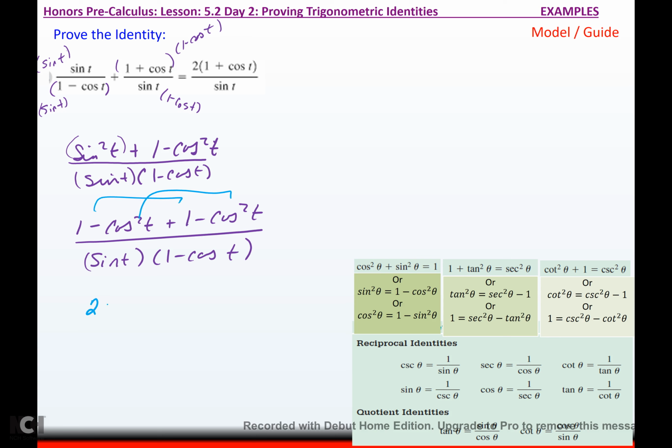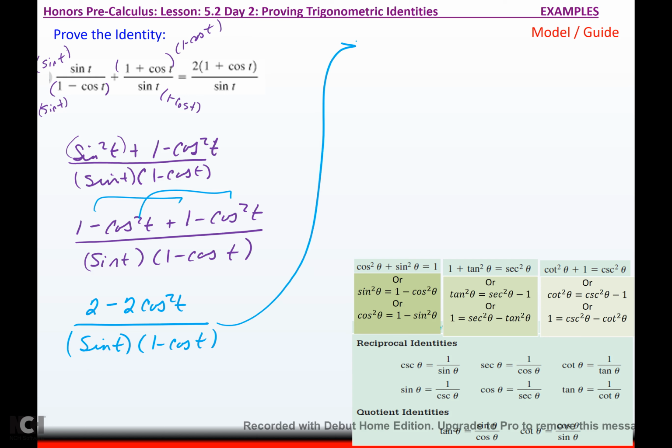So I have 2 minus 2 cosine squared t over sine t times 1 minus cosine t. Alright, if I factor out a 2 on top, that would leave me 1 minus cosine squared t. On bottom, I'm going to get sine t times 1 minus cosine t.